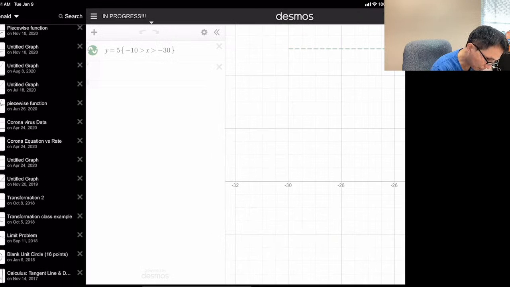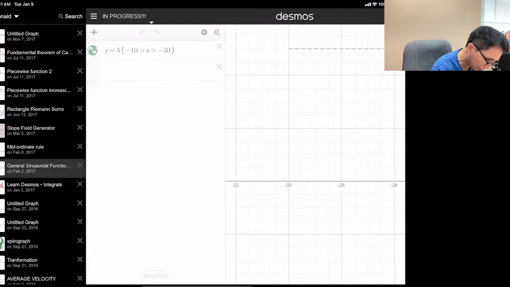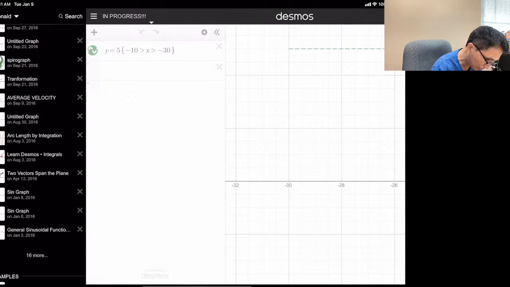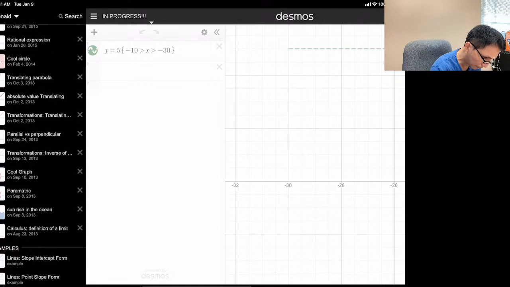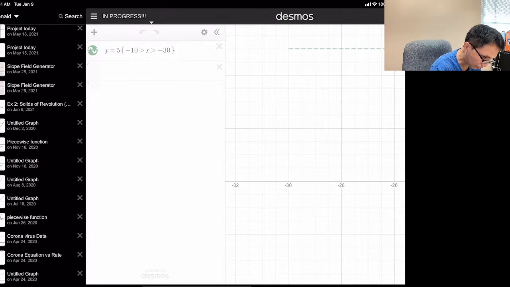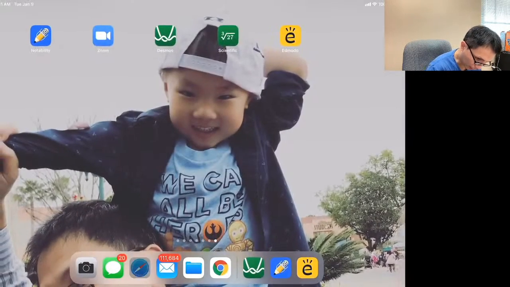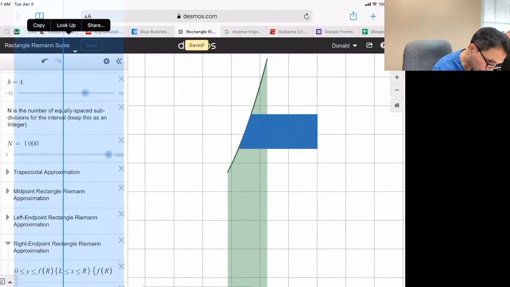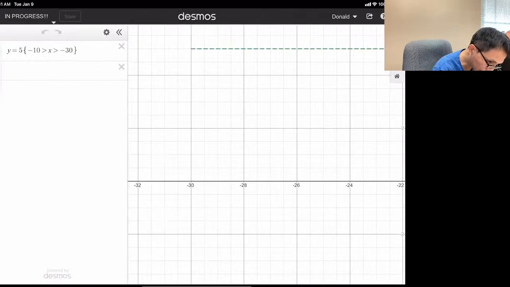Riemann sum. Okay, let me save this file. I'll save it here, and I should be able to see it from here. Oh, do I see it? Yep.